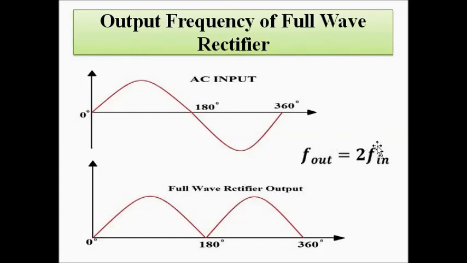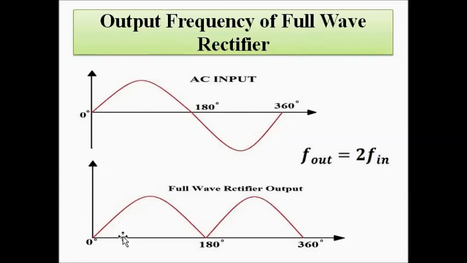Now, the input and output frequency was also the same as I discussed in the center tapped full wave rectifier. For the AC input waveform, from 0 degree to 360 degree or from 0 to 2 pi constitutes one complete cycle of the AC input.